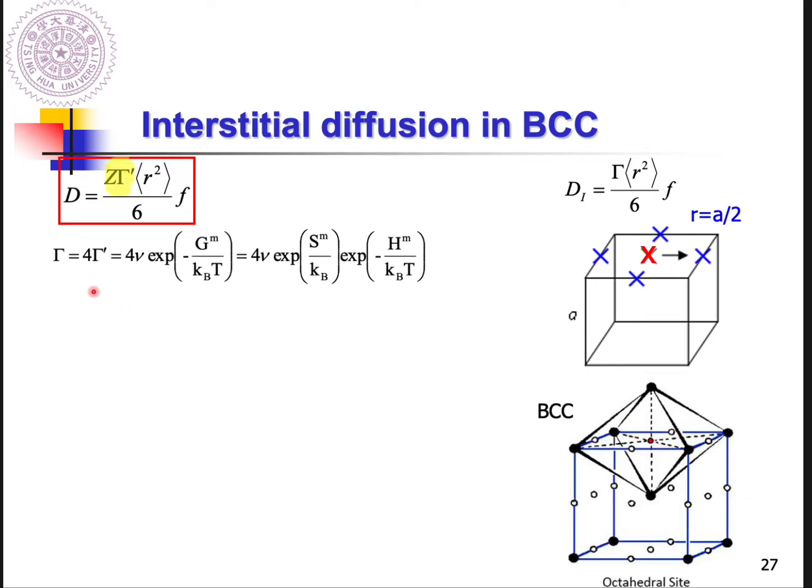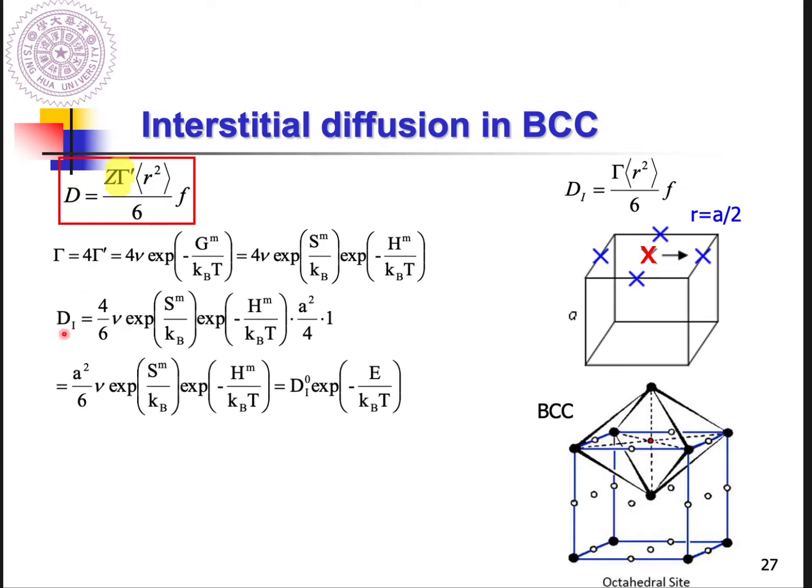So here Gamma equals 4 gamma prime. We use the I to label that this is the interstitial diffusivity of the solute atom. So it's 4 gamma prime, and the small r means the distance of each jump. The distance here is a over 2, so taking the square of it, it's a squared over 4. For interstitial atoms, it can jump anywhere.